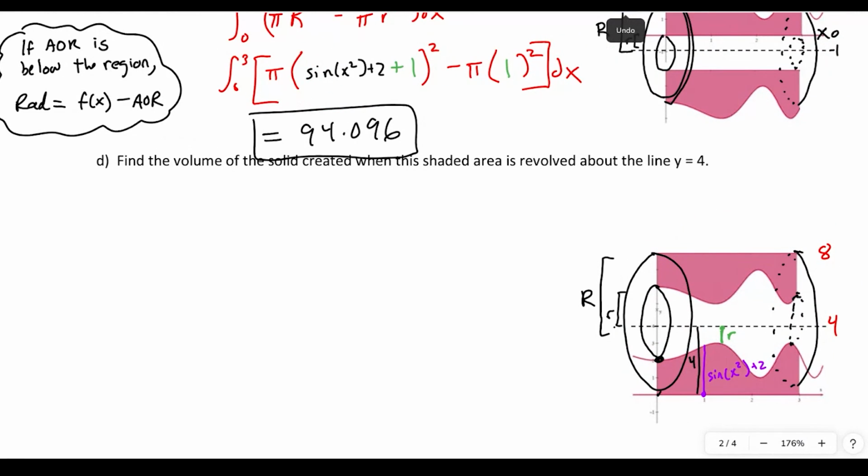So I'm going to write down a similar statement here: if the axis of revolution is above the region, then the radius is the axis of revolution minus the function.